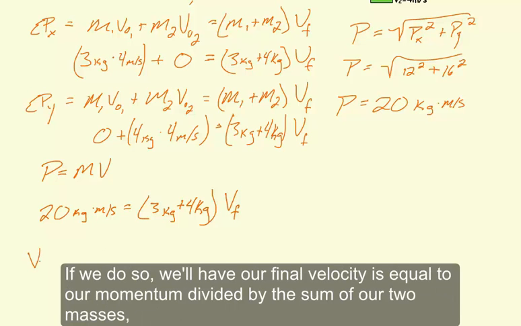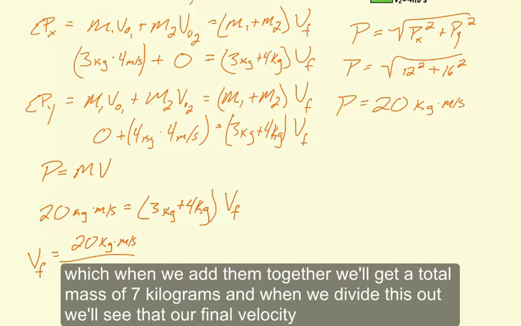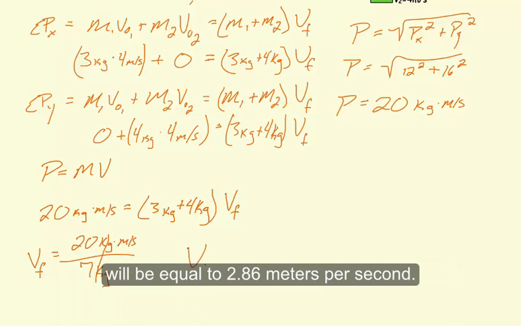Our final velocity is equal to our momentum divided by the sum of our two masses, which when we add them together, we'll get a total mass of 7 kilograms. And when we divide this out, we'll see that our final velocity will be equal to 2.86 meters per second.